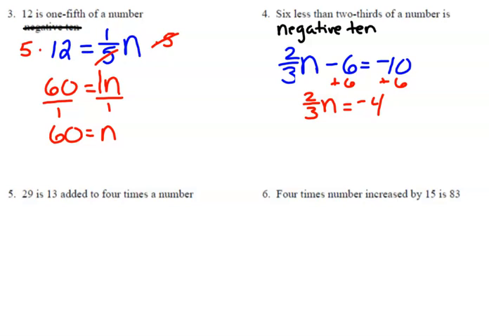This is where you have some options on how you get rid of the fraction. Personally, I like to just multiply both sides by the 3 on the bottom. So 2 times n, -4 times 3 is -12. And then I just divide by 2. So -12 divided by 2 is -6.